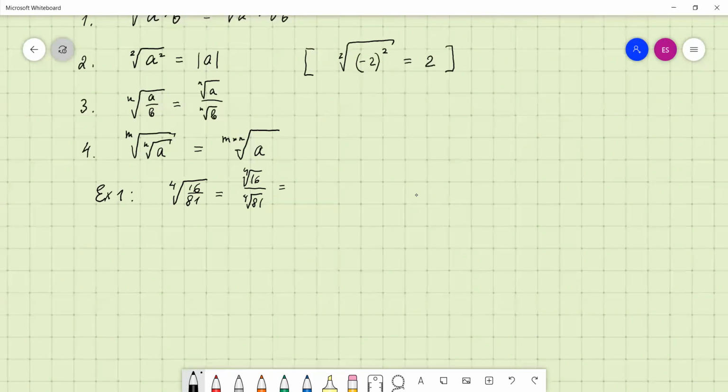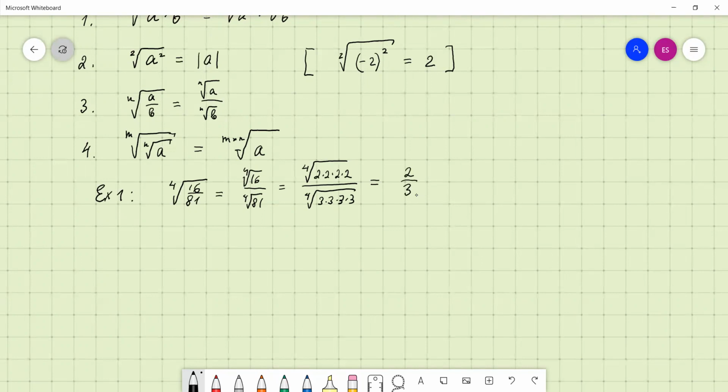Well, I remember 16 is actually 2 by 2 by 2 by 2, right? And 81 is 3 by 3 by 3 by 3. Sorry, wanted to write multiplication and 3 at the same time. So we are going to have 2 over here and 3 over here.